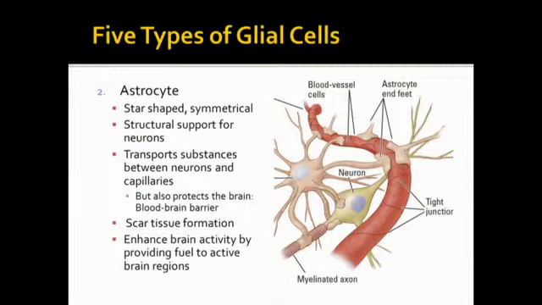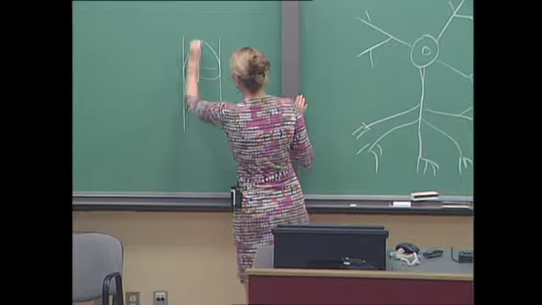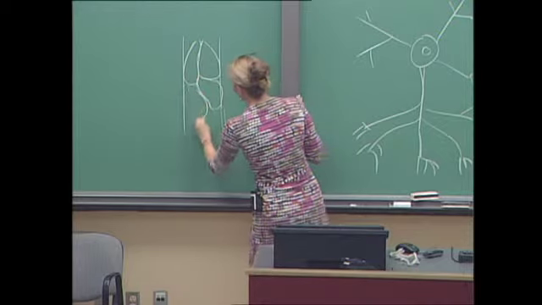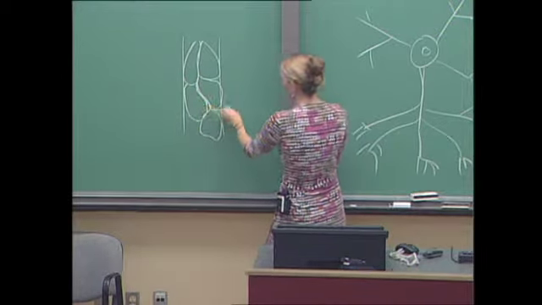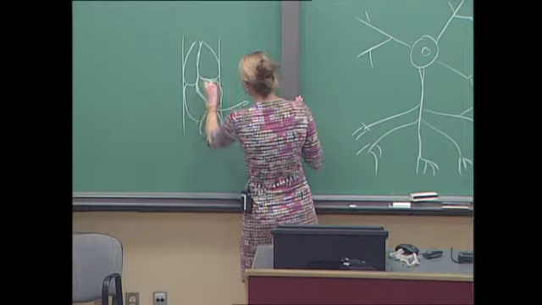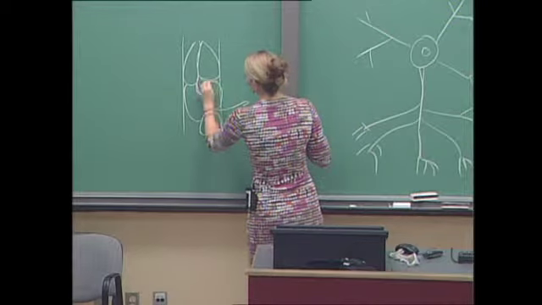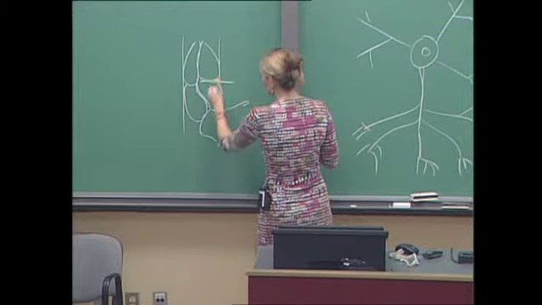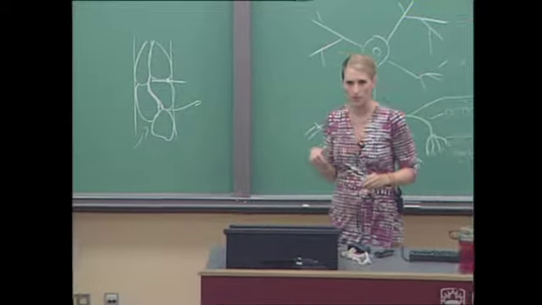So here is an example of a blood vessel. These are the capillaries, so the cells that line the wall of your blood vessel. And they're tight junctions, which means nothing can go into... throughout the rest of your body, there actually are more holes, so not as tight, right? So stuff can flow into and out of the bloodstream.